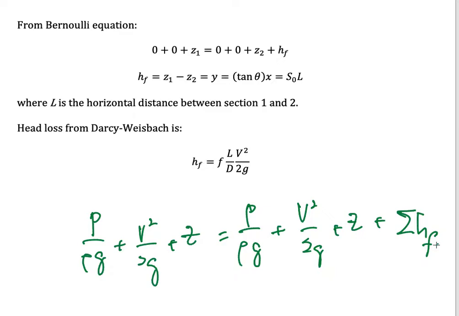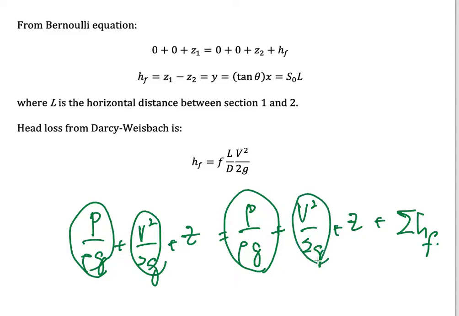The pressure is 0, and we assume that the velocity is almost the same at point 1 and point 2, so we take the velocity terms as 0.